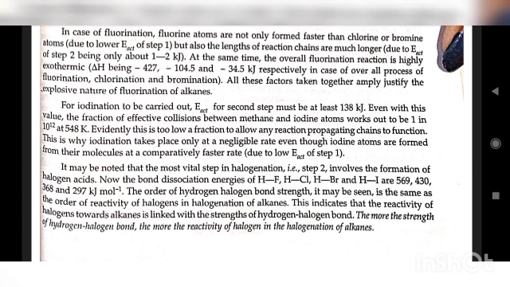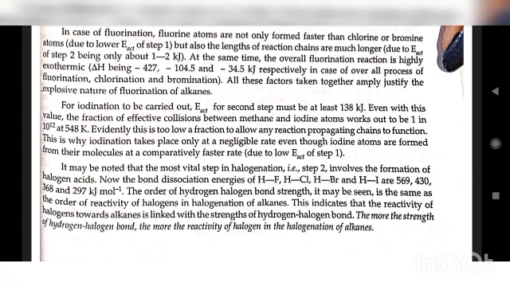At the same time, the overall fluorination reaction is highly exothermic, delta H being minus 427, minus 104.5 and minus 34.5 respectively in case of overall process of fluorination, chlorination and bromination. All these factors taken together justify the explosive nature of fluorination of alkanes.